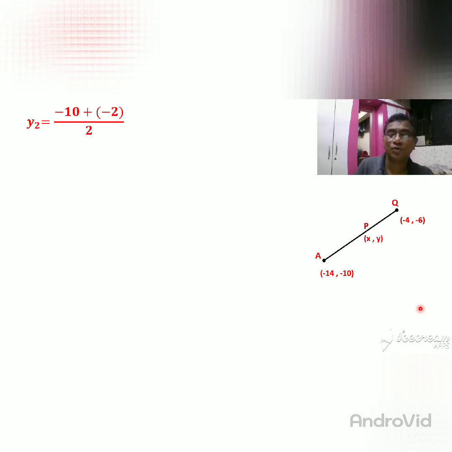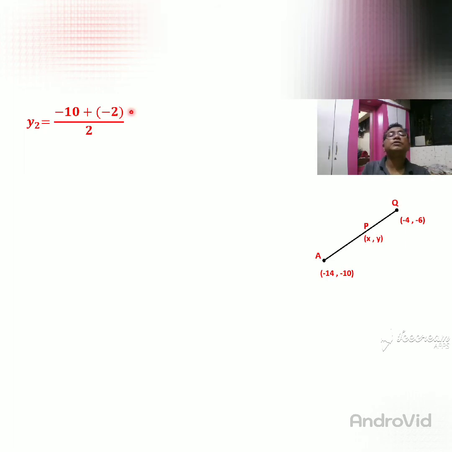By the midpoint formula, y1 is minus 10, y4 is minus 2, divided by 2. 10 is negative, 2 is negative. The signs of both numbers are the same. So what can we do? We can do the addition of those numbers.